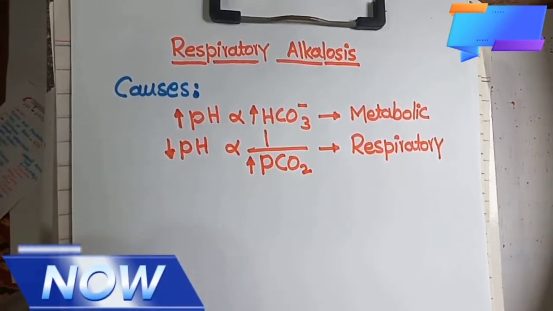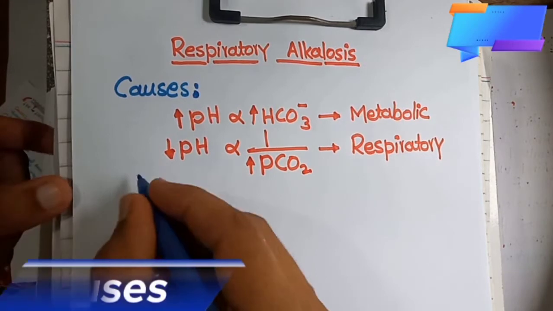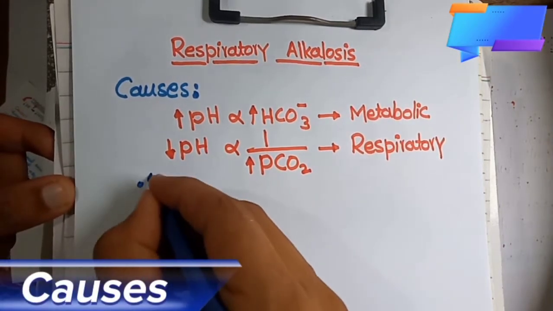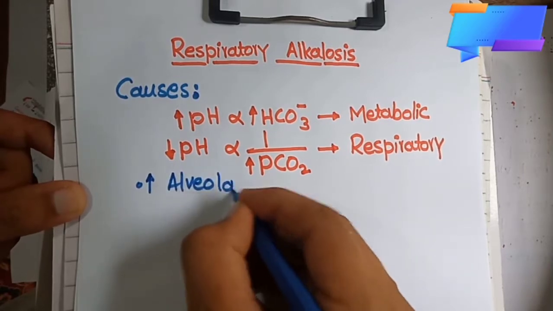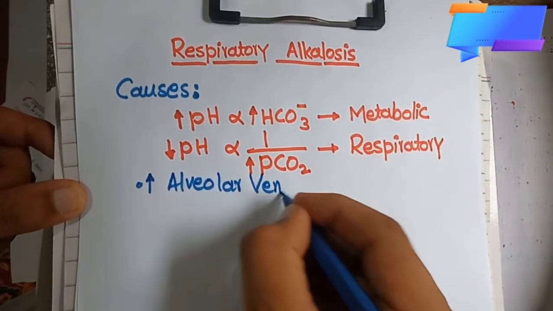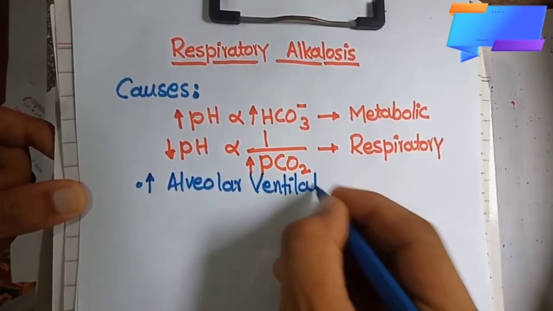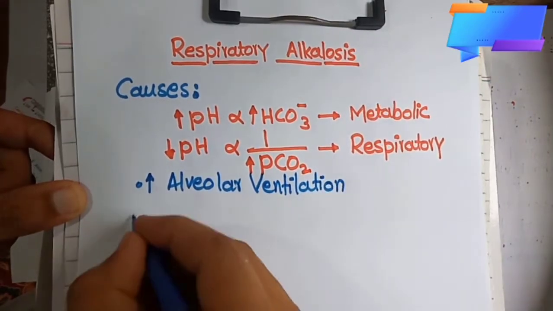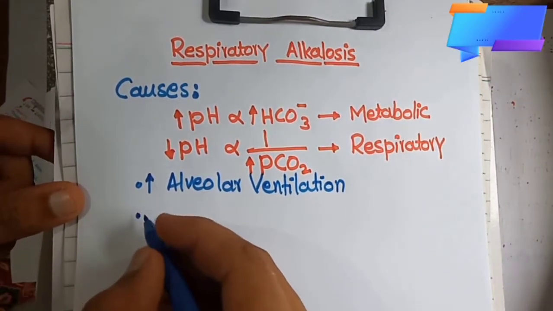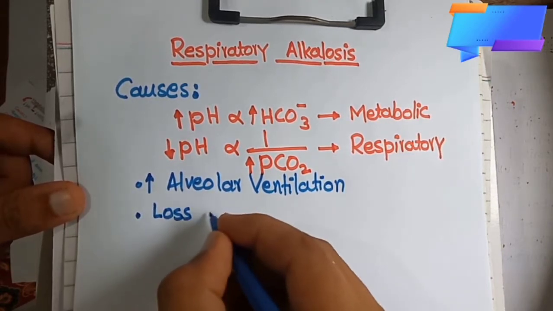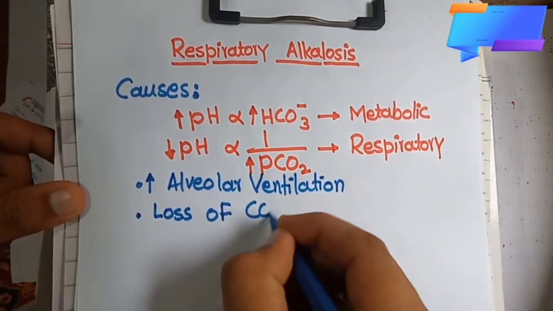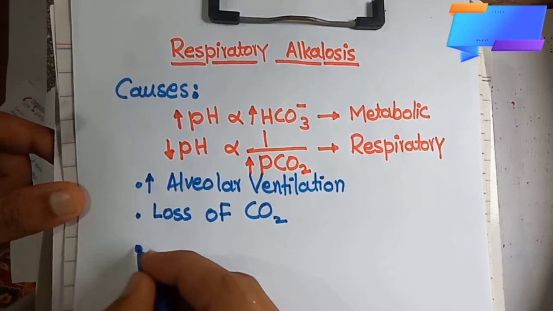Now we come to the main causes of respiratory alkalosis. First, increased alveolar ventilation, which causes maximum expulsion of carbon dioxide, meaning loss of CO2.